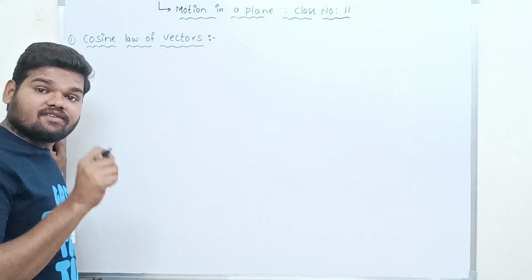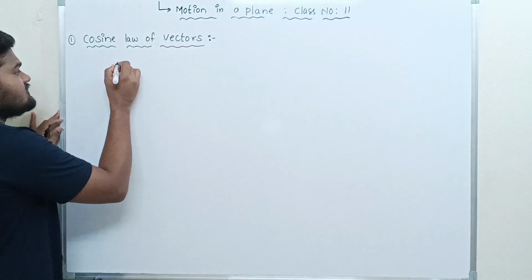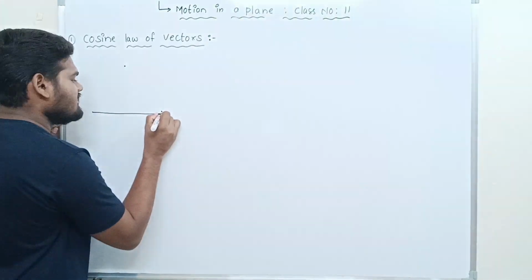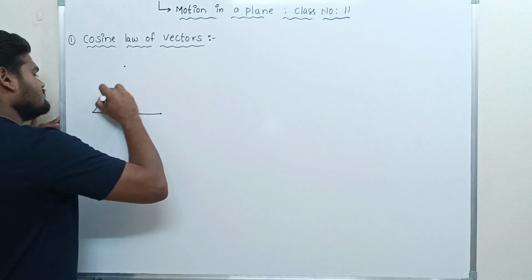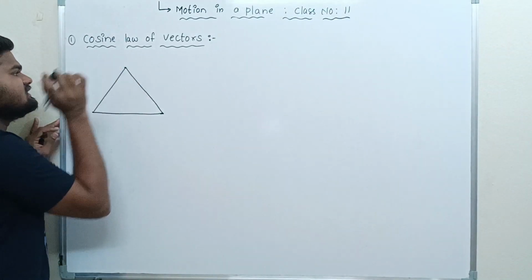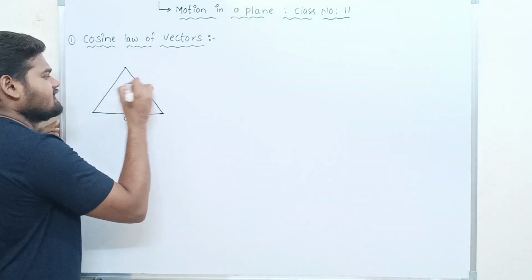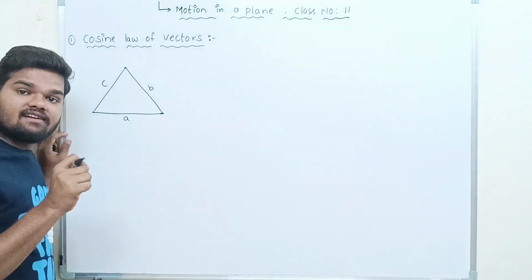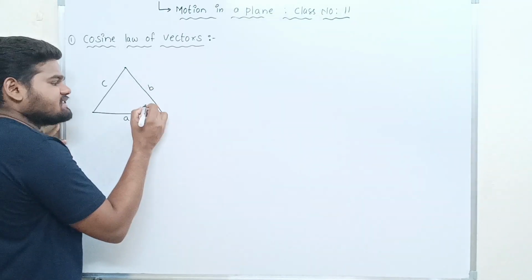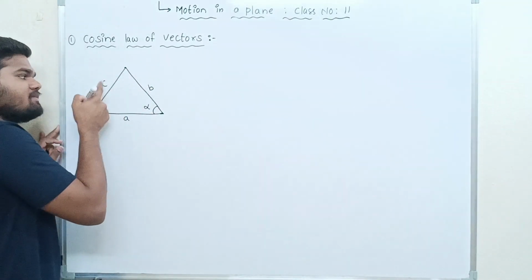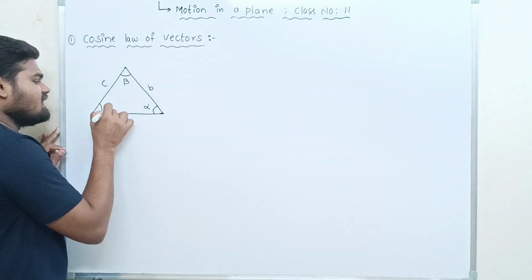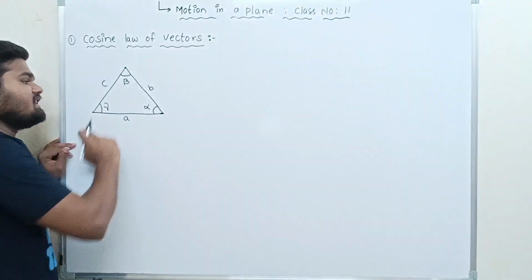What is the meaning of cosine law of vectors? Have a look. I'm taking one triangle. Let us consider this triangle ABC.